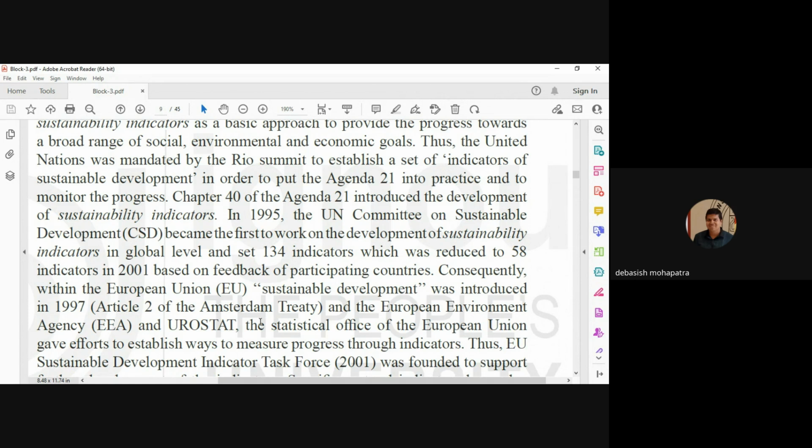Consequently, with the European nations, sustainable development was introduced in 1997 in Article 2 of the Amsterdam Treaty, and the European Environment Agency (EEA) and Eurostat, the Statistical Office of the European Union, made efforts to establish ways to measure proper progress through indicators.